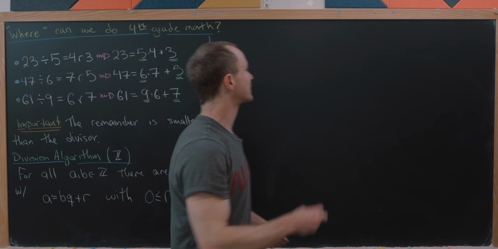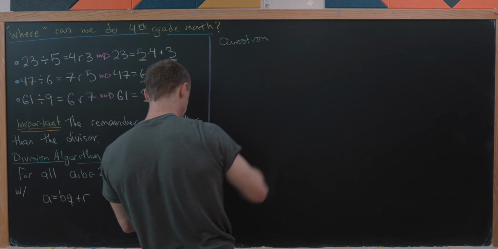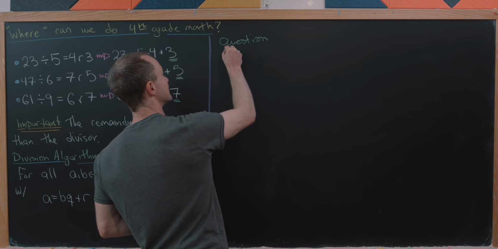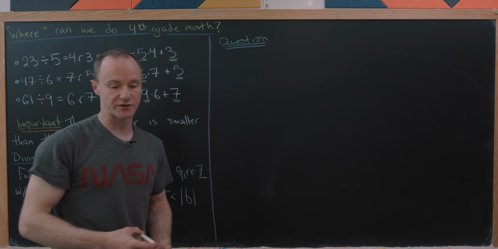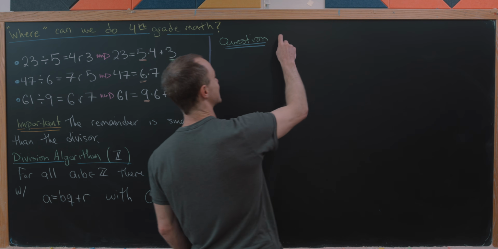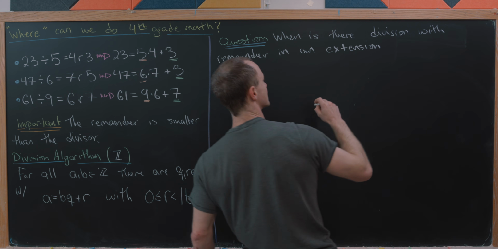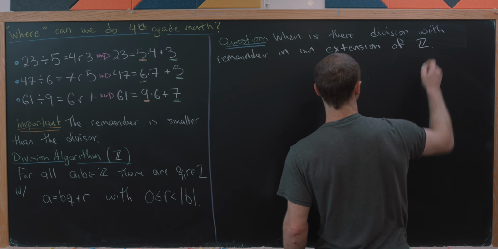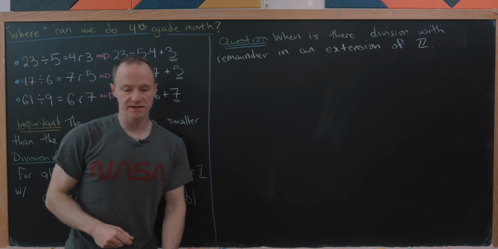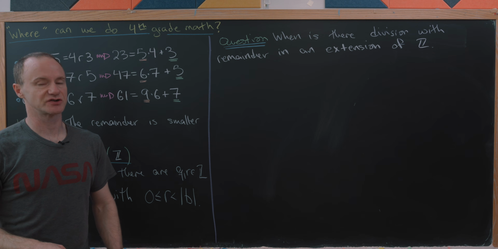And all of this brings us to the big question for this video, and that is, can we extend this idea of the division algorithm, in other words, division with remainder, to extensions of the integers? Or in other words, when is there division with remainder in an extension of the integers? And so I guess first what we should do is talk about what an extension of the integers is.